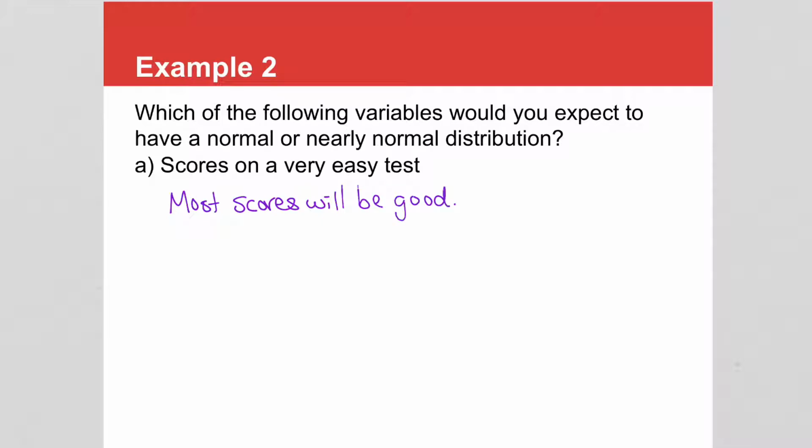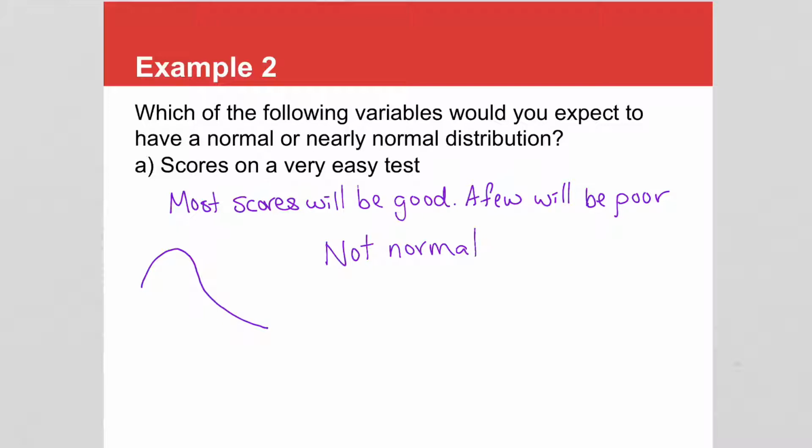And maybe a few, if they didn't even do it, will not be good. So this distribution is most likely to look something like this. And so we would say that this one is not normal. It's skewed.